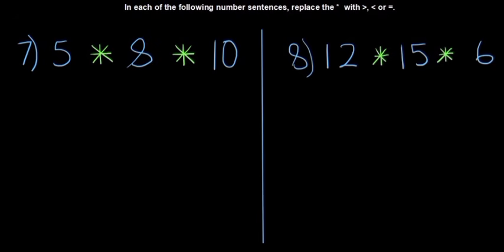So in math, we know that 5 is less than 8. And we know that 8 is less than a 10. So clearly we can see that the 8 is a number in between 5 and the 10.